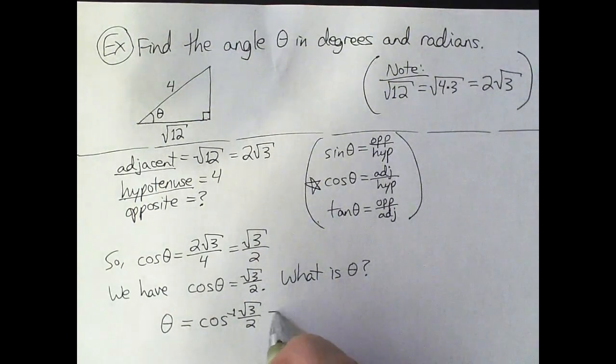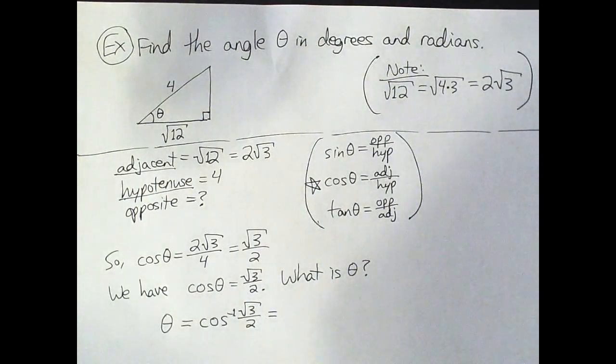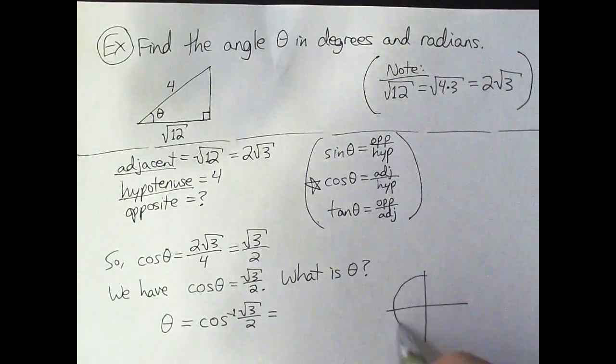Do we know what this is? Can you remember what this is or figure this out from our previous lesson on inverse trig? In the previous lesson on inverse trig, we probably would draw a scratchwork unit circle.